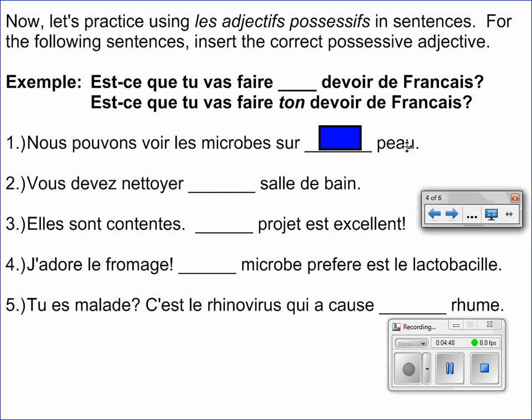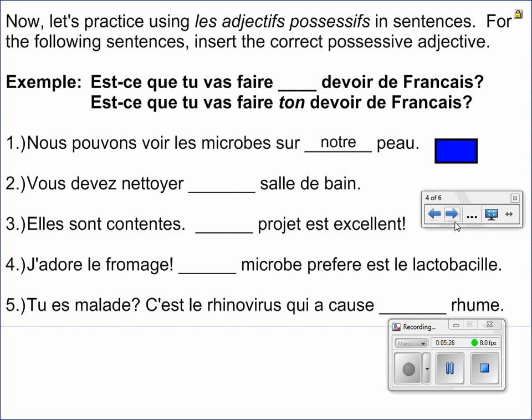In this case, peau, skin, is actually singular here. So we're going to use notre. Okay, so I want you to put the video on pause so that you can try these remaining 4 questions. Again, you'll want to have your Adjectifs Possessifs chart nearby, as well as a French-English dictionary to help you with certain words that you don't know or you don't remember. So put the video on pause now.